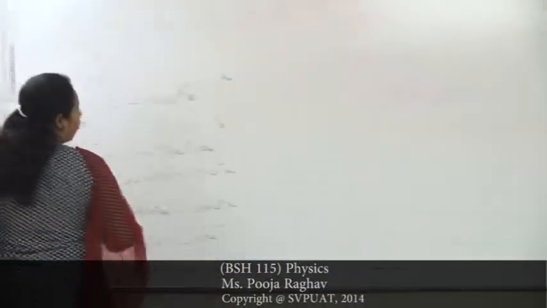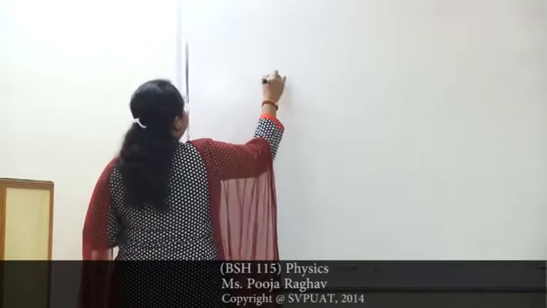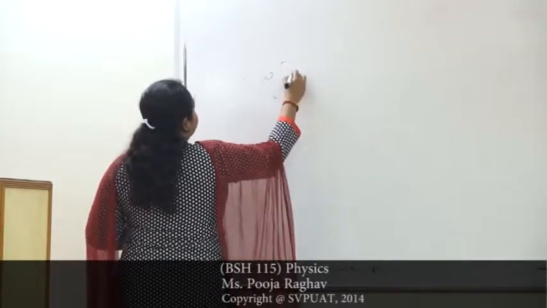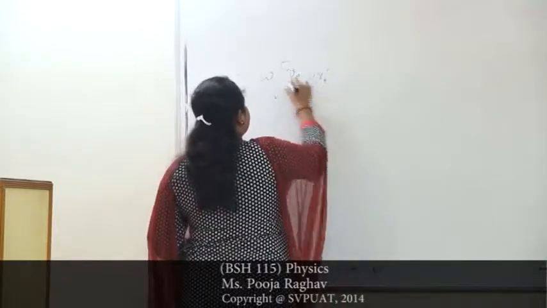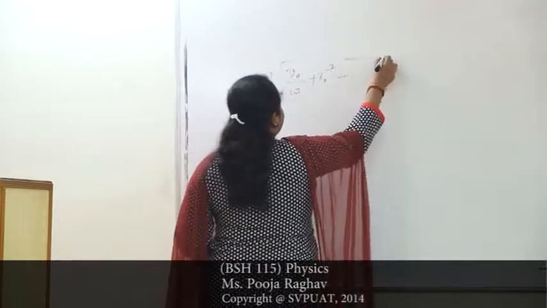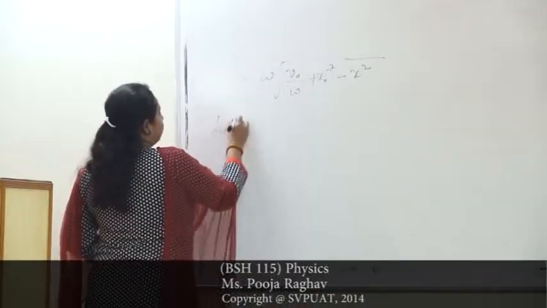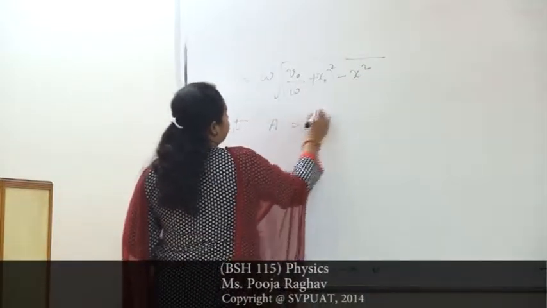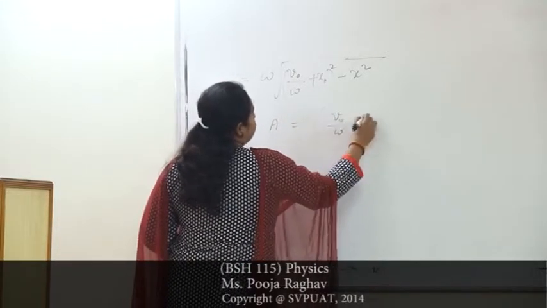Now we take the common factor out, so v equals omega under root of v naught upon omega plus x naught square minus x square. Let a equal to v naught upon omega plus x naught.